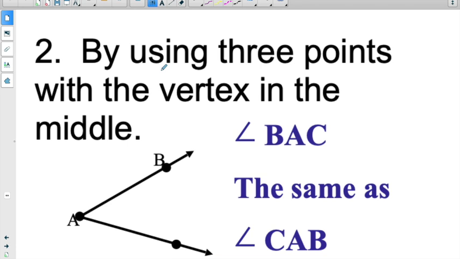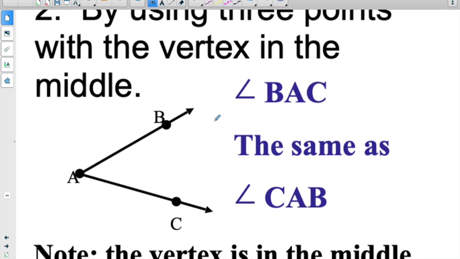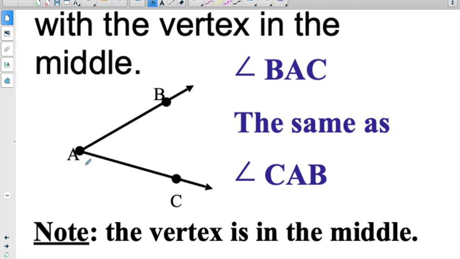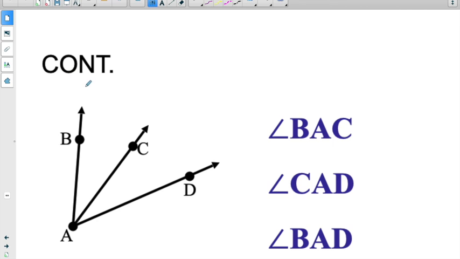We can also name an angle by using 3 points with the vertex in the middle. So here we have angle BAC, kind of like I mentioned before, and the same angle would be angle CAB. Understand that the vertex is in the middle both times you name those. From there, you can name both of these angles. Here we have angle BAC and angle CAD.